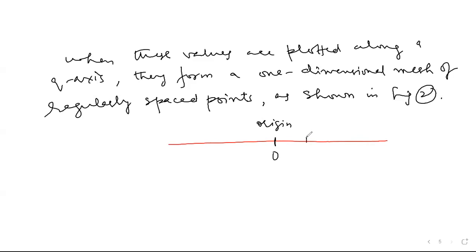Then there are values of q plotted along this line. The spacing between two points representing q is 2 pi over L. This is my figure 2.